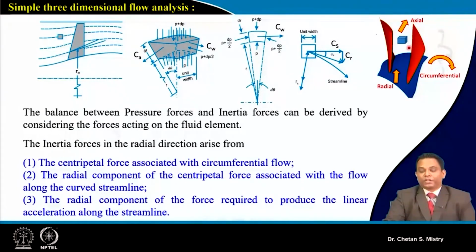So if this is my element, I will consider the control volume approach here. The same element we can represent here, which will have some radius r, and the elemental part has radius or distance dr. This inclination we are considering as d theta.